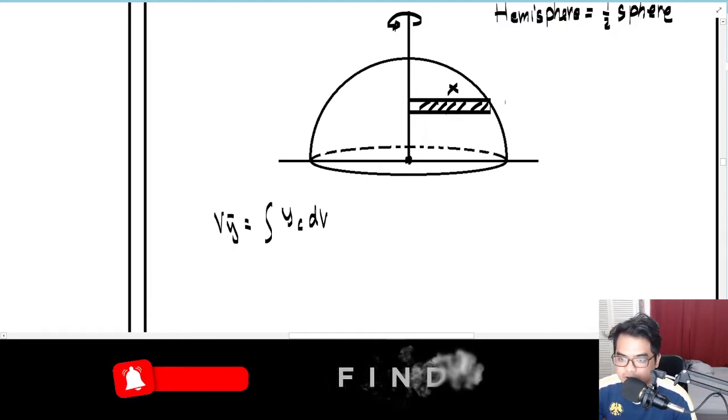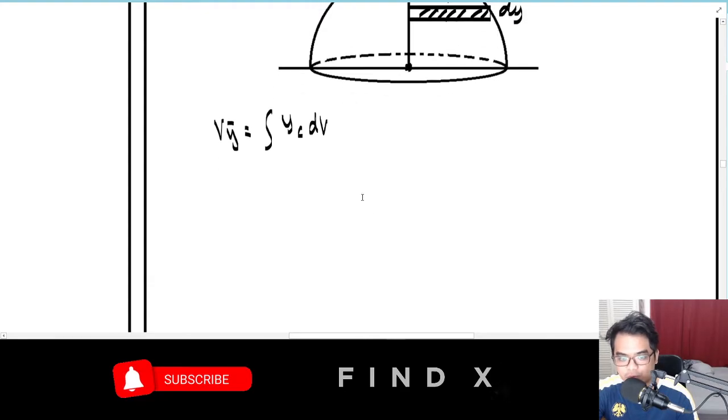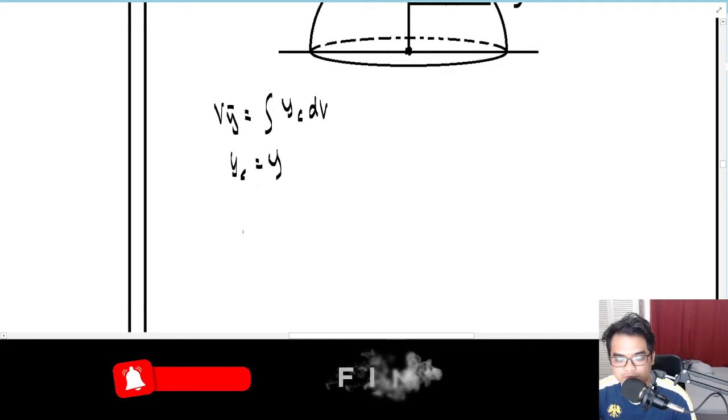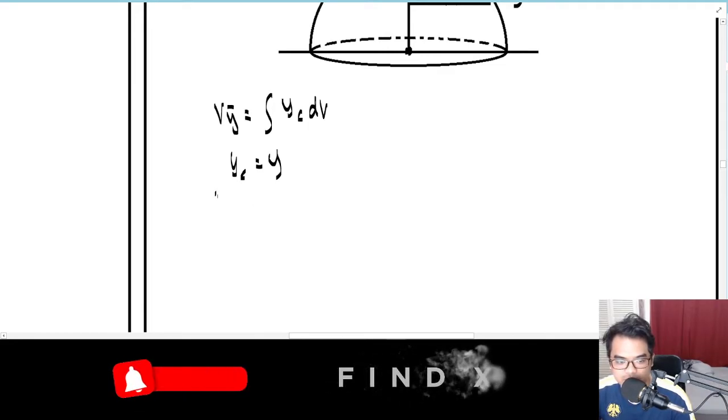Of course, this will be your x and this is your dy. And obviously, your yc will just be your y. So yc is just equal to y, but to get the dv we can now use this method.